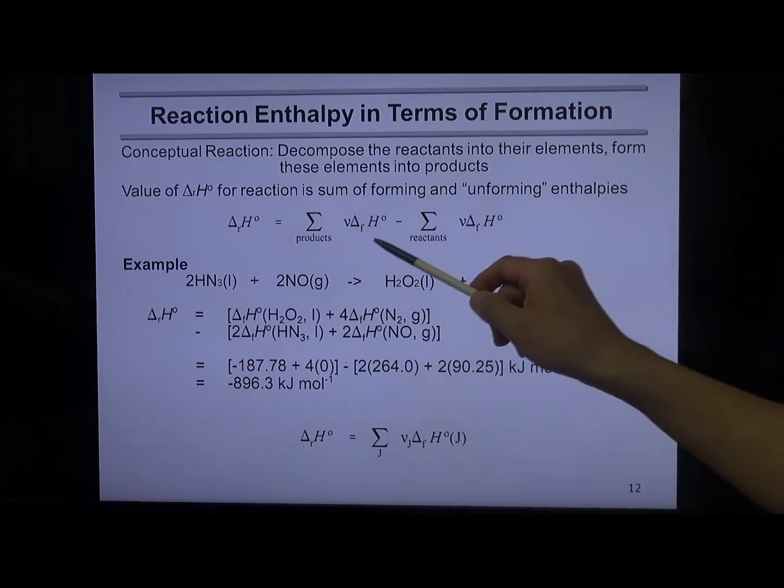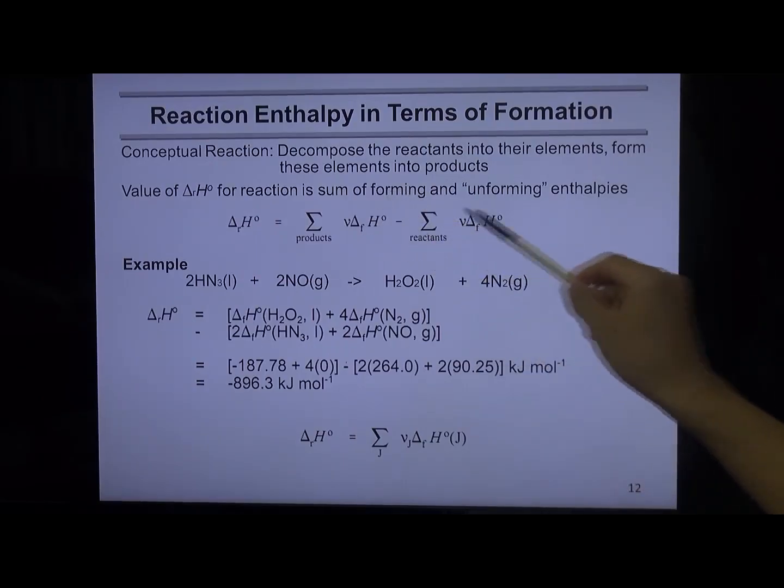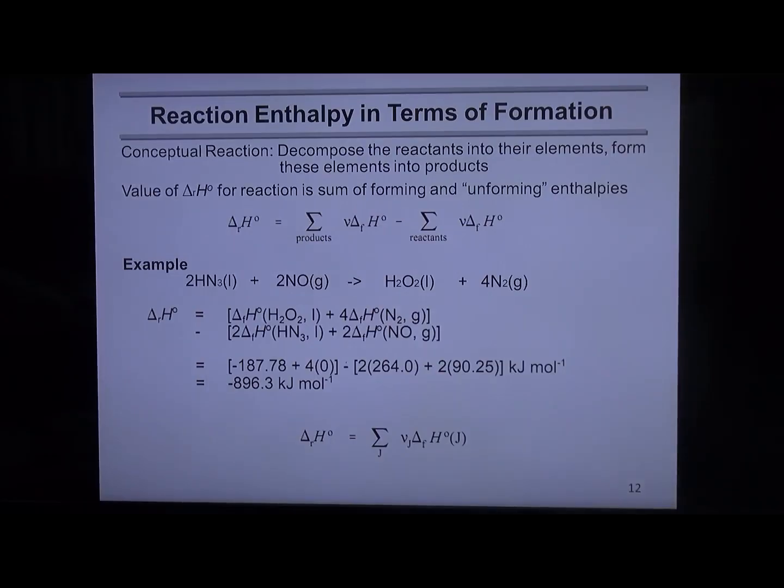Then how can we know these numbers? They are usually given. If you look at the textbook, at the end, in the appendix, there are huge tables with these numbers for each compound. So you can just look it up, put a number here, and calculate the standard reaction enthalpy.